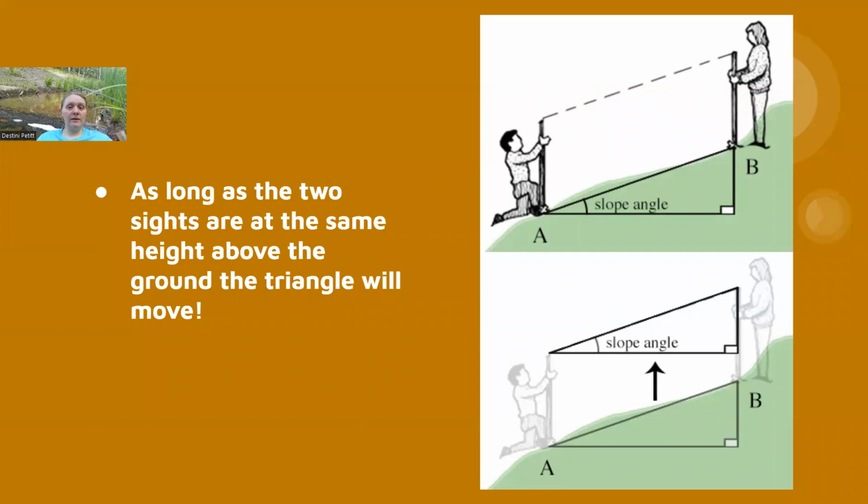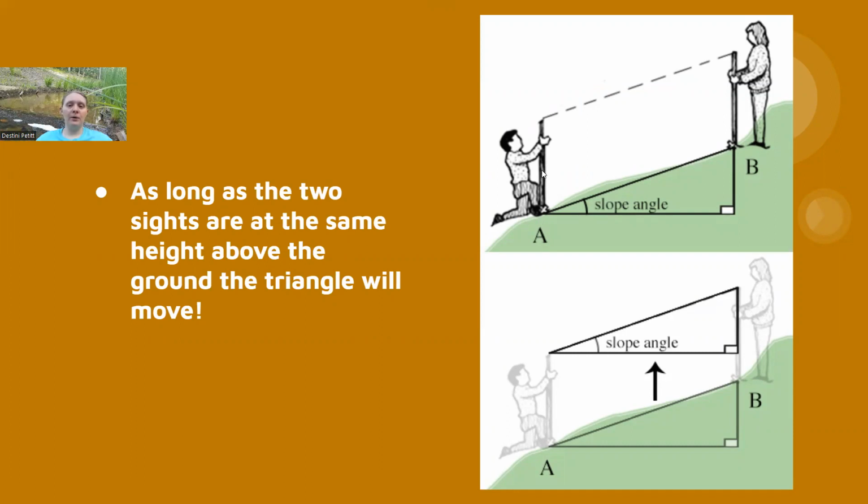So here are two examples of measuring that slope angle. So we want to get this slope angle that I showed you in the previous slide, right? And so in order to do that, we need to put two stakes in the ground that are at the same height, and we can measure using the clinometer that slope angle, right? And so this works as long as those two stakes that we put in the ground are at the same height above the ground in their location, right?